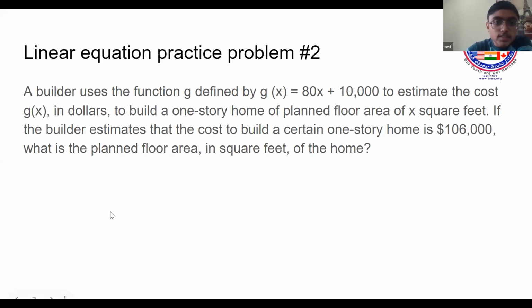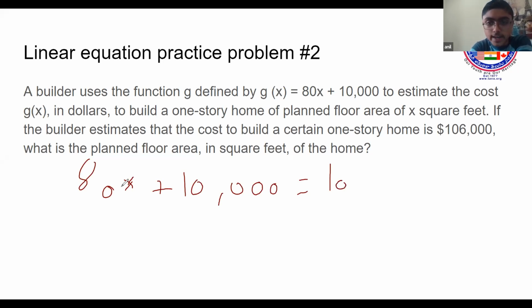So what you do is you set the equation 80x plus 10,000 equals 106K. I'm sorry if I'm drawing this really badly.